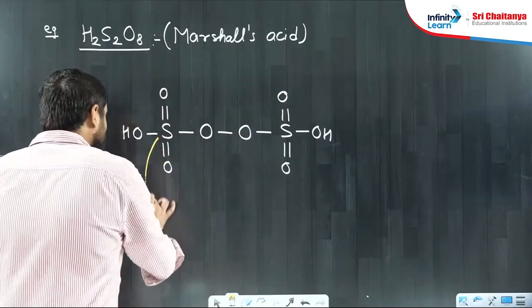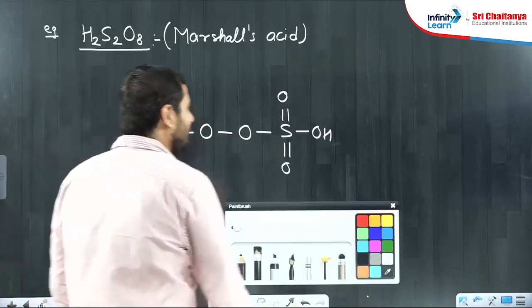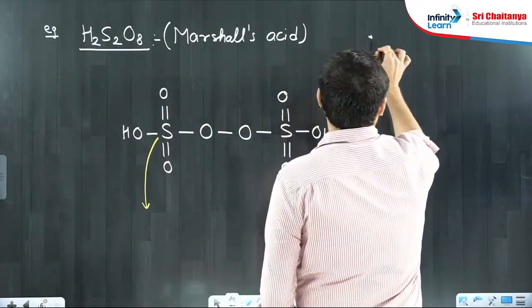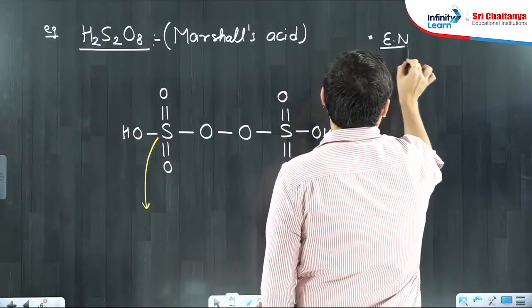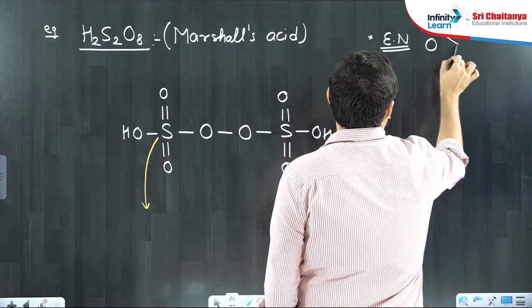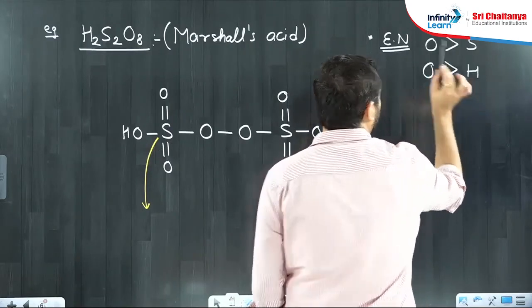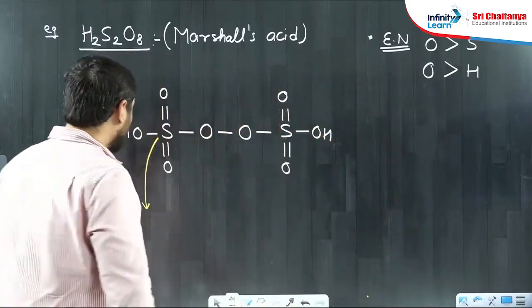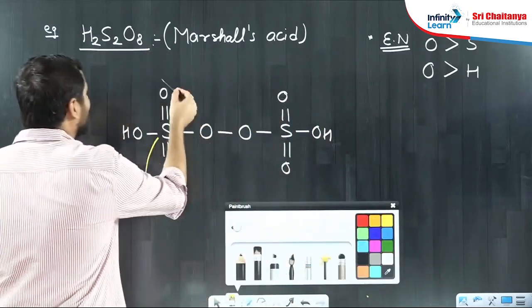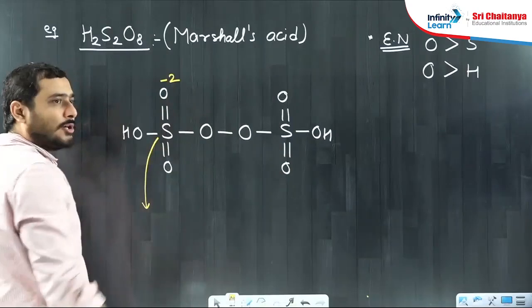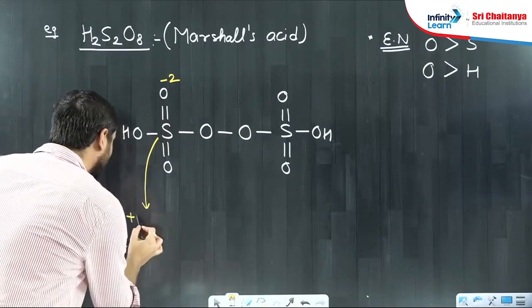Let us start with this sulfur. First I write which is more electronegative. Oxygen is more electronegative than sulfur, and oxygen is also more electronegative than hydrogen. For the sulfur double bond to oxygen, oxygen will get -2, sulfur will get +2.